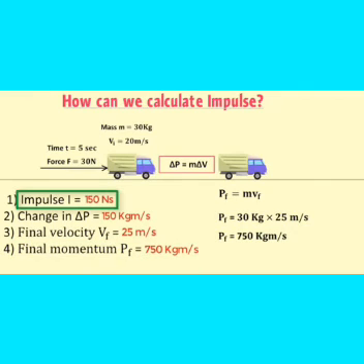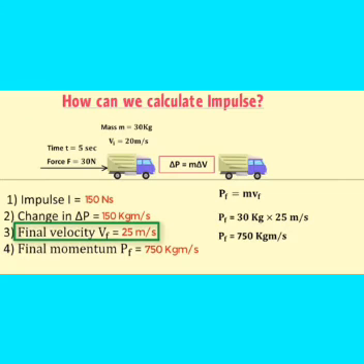Thus, we calculated the impulse on the object, which is 150 Newton second, the change in momentum of the object, which is also 150 kg meter per second, the final velocity of the object, which is 25 meter per second, and the final momentum of the object, which is 750 kg meter per second.